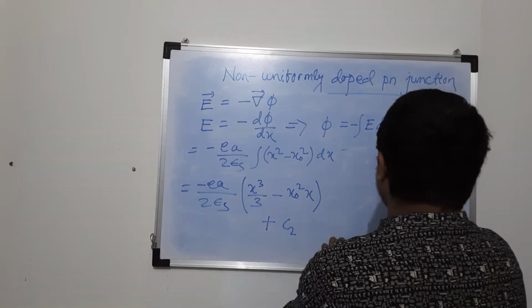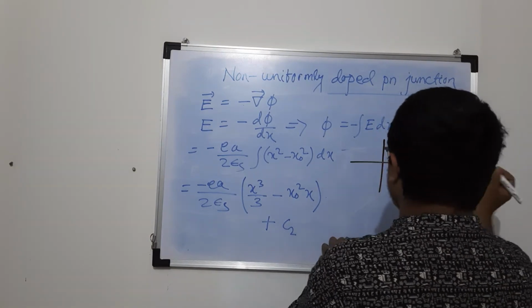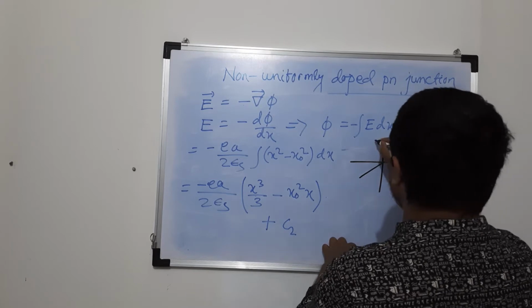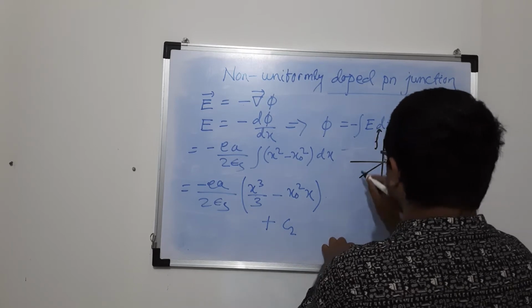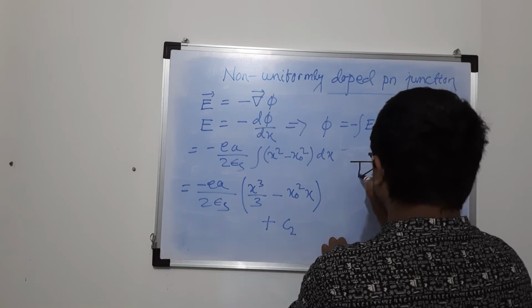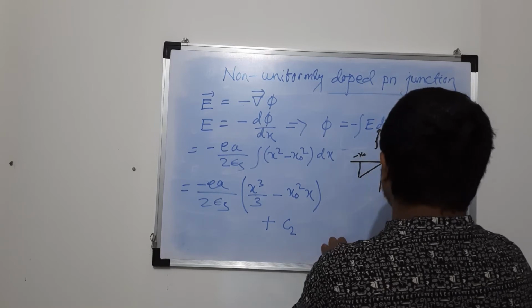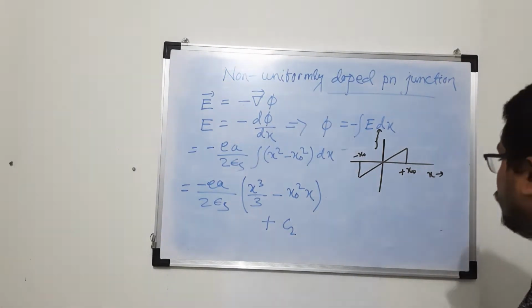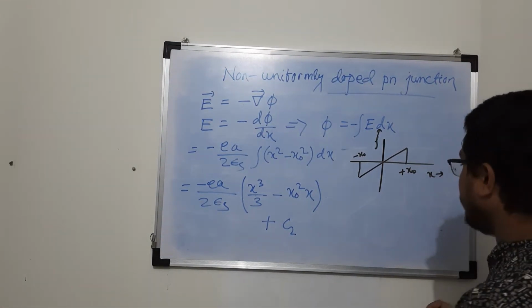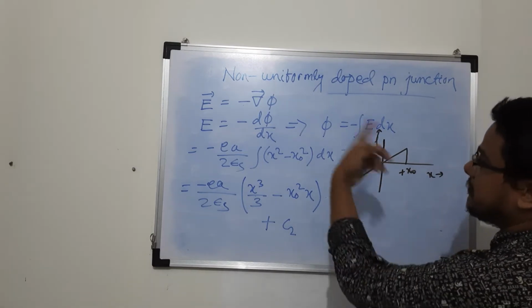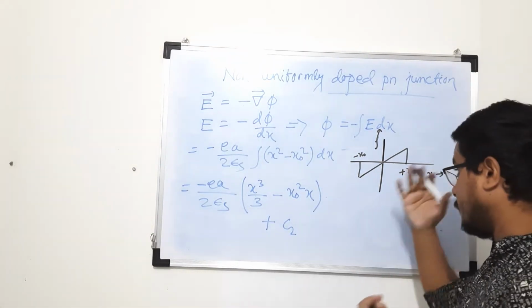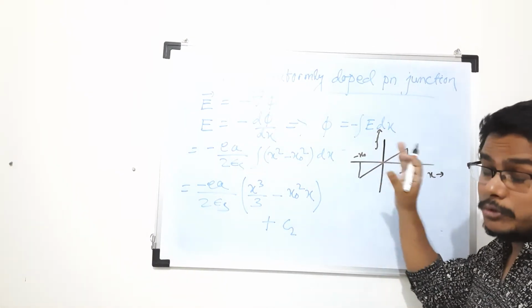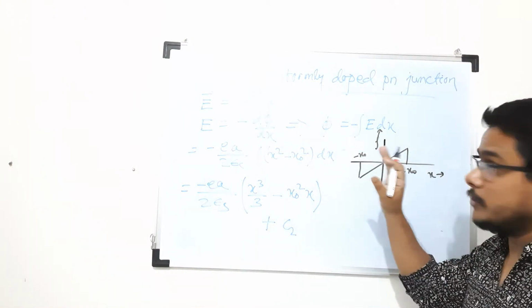So let me redraw the charge distribution. This is x and this was your rho value, and then here you have your minus x0 and this was your plus x0, right? Minus x0 and plus x0. Now, while determining the electric field, we put the boundary condition to determine the constant of integration.